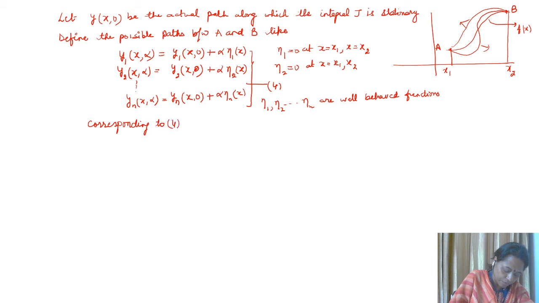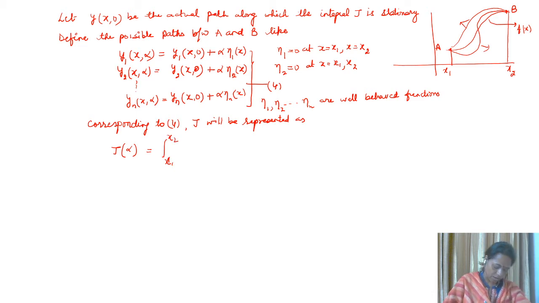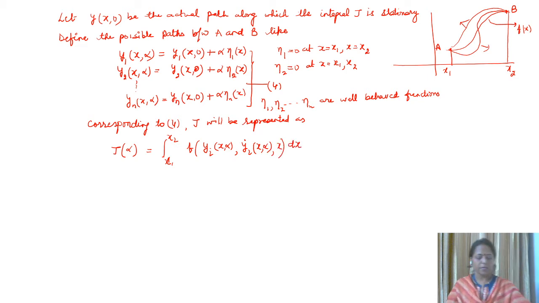It will be represented as J(alpha), the integral from x1 to x2 of a function of yi depending upon x and alpha, yi dot again depending on x and alpha, and x, and this is dx.